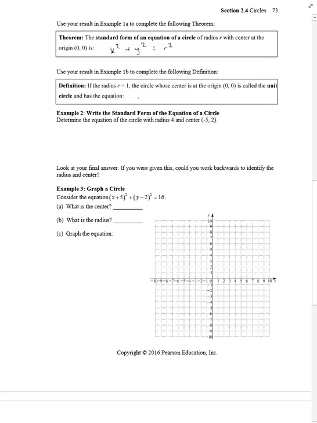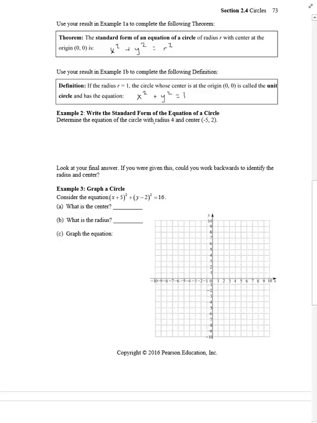And if the radius is 1 and the center is at the origin, we have the unit circle, which is x squared plus y squared equals 1. And the unit circle is incredibly important when you get to trigonometry and pre-cal.